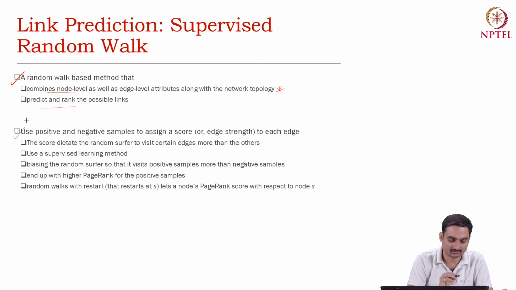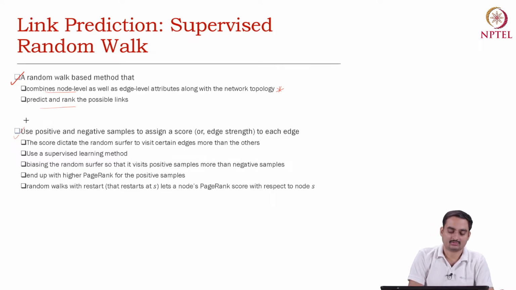It uses positive and negative samples to assign a score, or edge strength, to each edge. We will discuss what it does. Over time it assigns a strength to an edge, or to a node pair. One may say that the strength of an edge can easily be obtained from its weight, but most networks are unweighted.